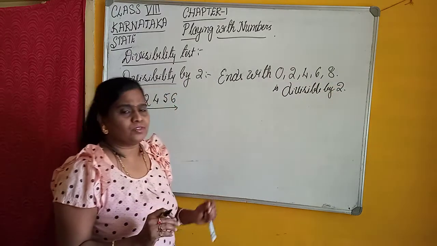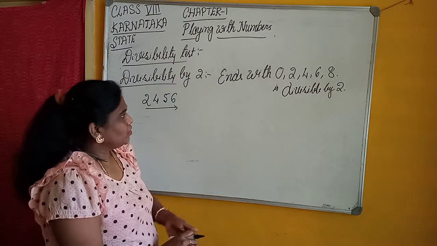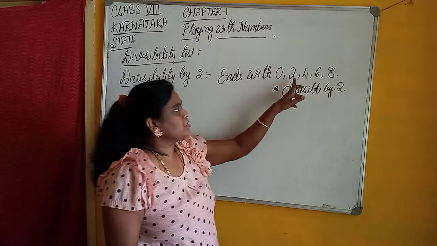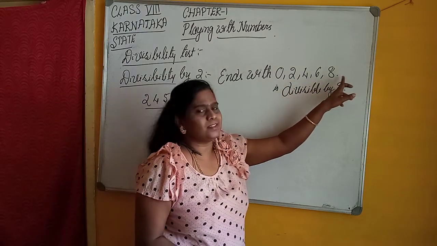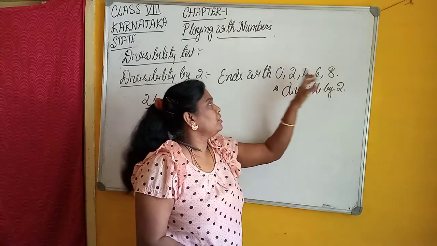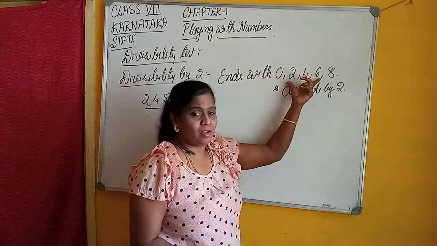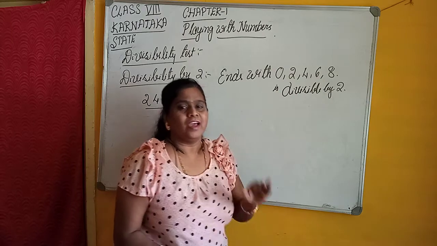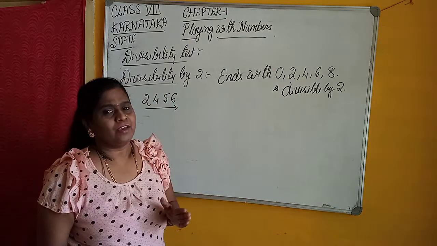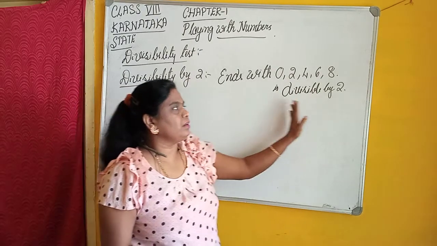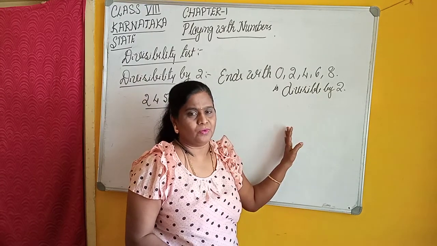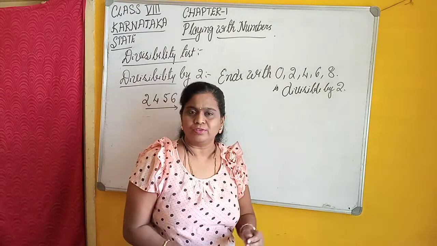In other words, look here. What are these numbers? 2, 4, 6, 8 are all even numbers. Any given number, if it ends with an even number or 0, is divisible by 2.